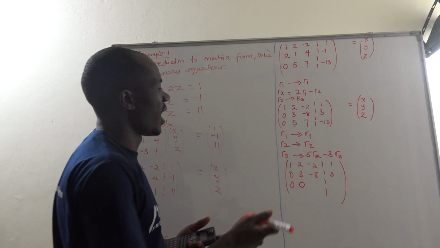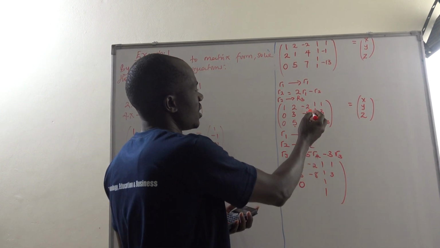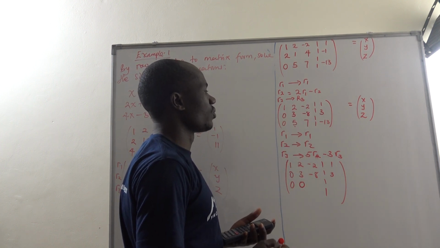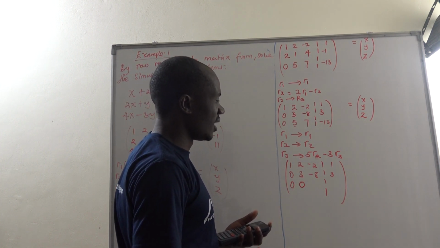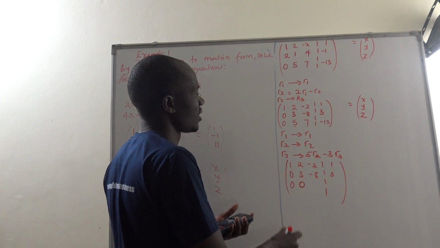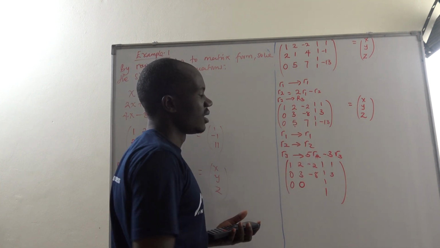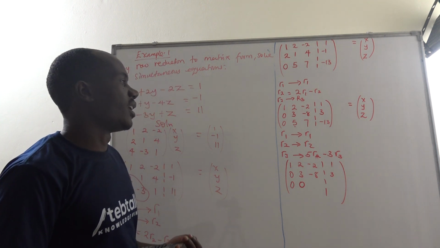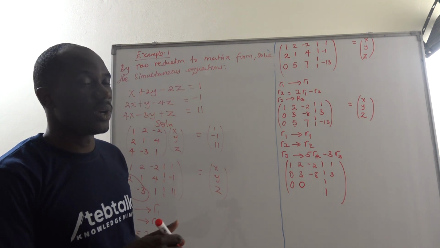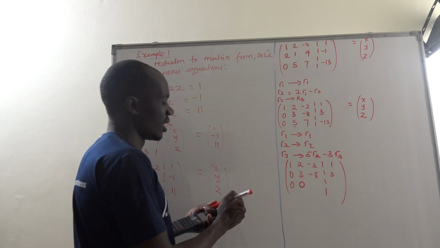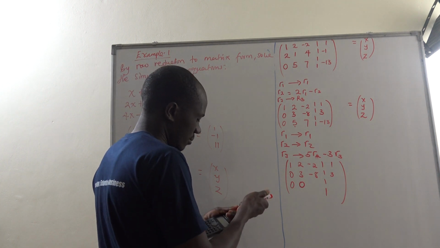Then another one is 5. 5 times negative 8, we are coming out with negative 40. Negative 40 minus 3 times 7, that is 21. Negative 40 minus 21, we are coming out with negative 61.